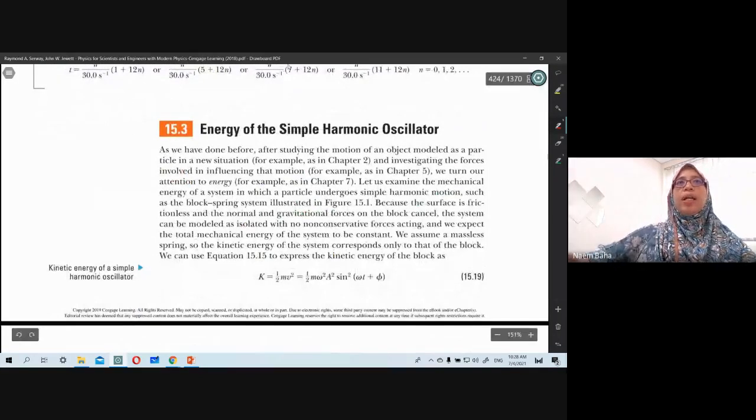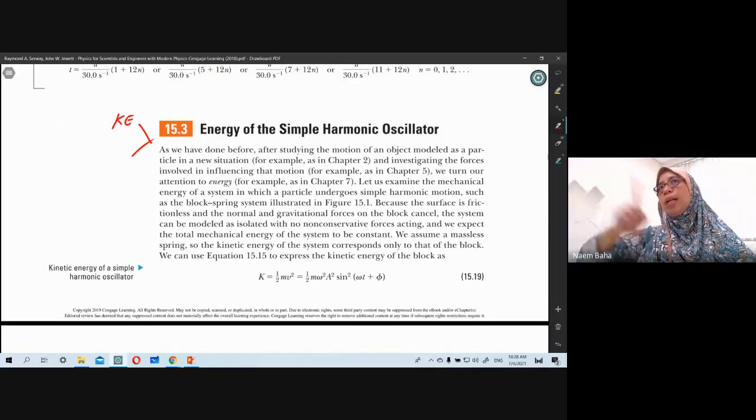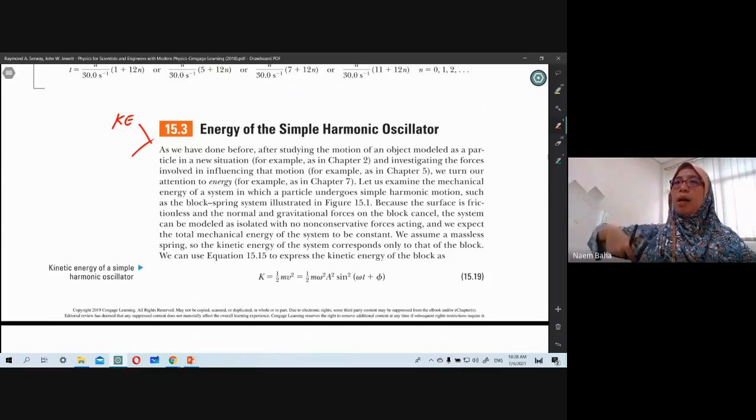Alhamdulillah. Okay, let's look at another scope of this topic, which talks about energy. We have only 2 types of energy, and energy will interchangeably change between these 2 types. Number 1, since it's in motion, keep moving to the left, to the right, or up and down, it possesses kinetic energy.